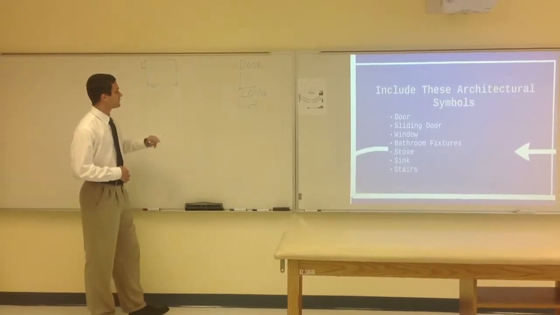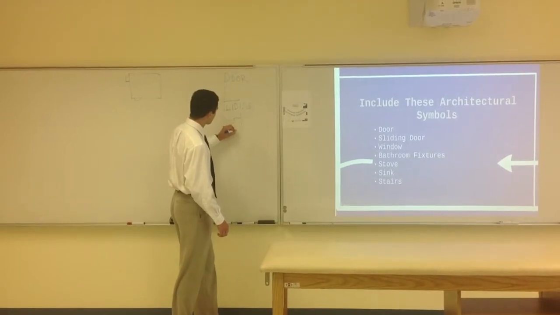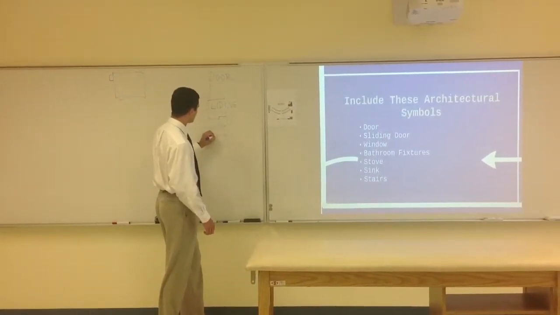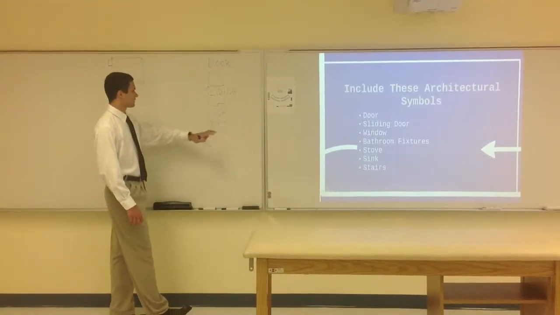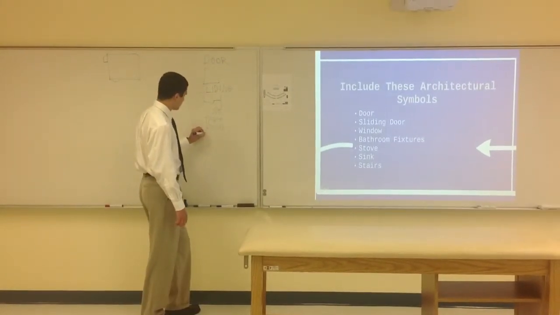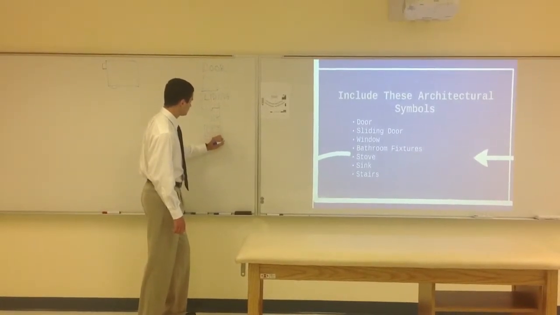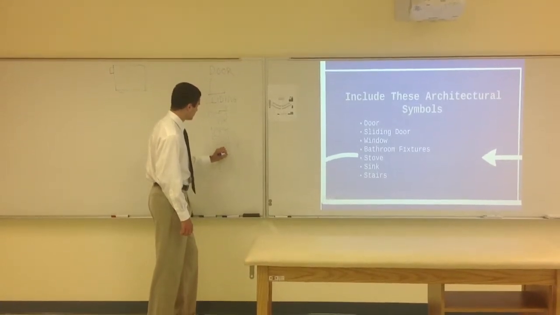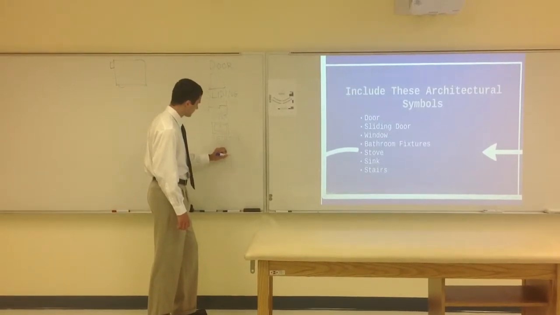Alright, bathroom fixtures. For the bathroom, you're going to have a sink, which would look just like this. You have 2 rectangles and a small circle in the middle for the drain. Something similar to the sink, but it'll be a rectangle, not a square.